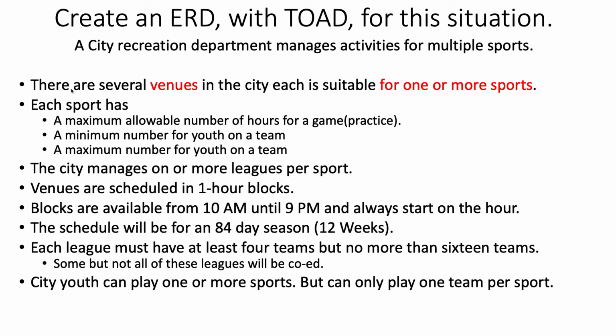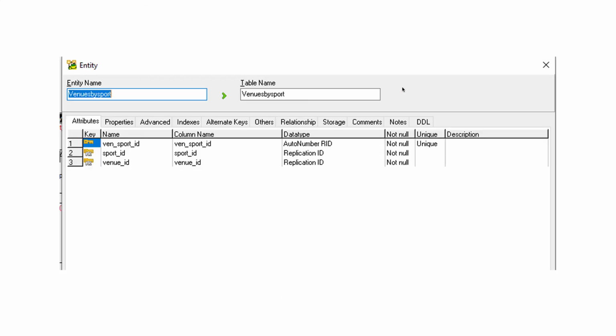Okay, so we said that there's going to need several venues in the city, and each is suitable for one or more sports. So I created a venue by sport, and it's going to have a primary key of venues, sport ID, and foreign keys of sport, and foreign key of venue.